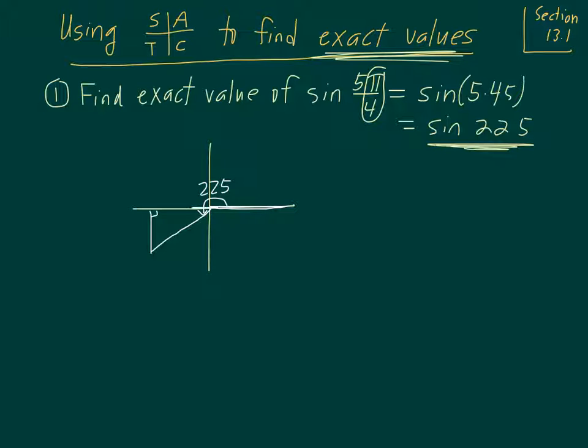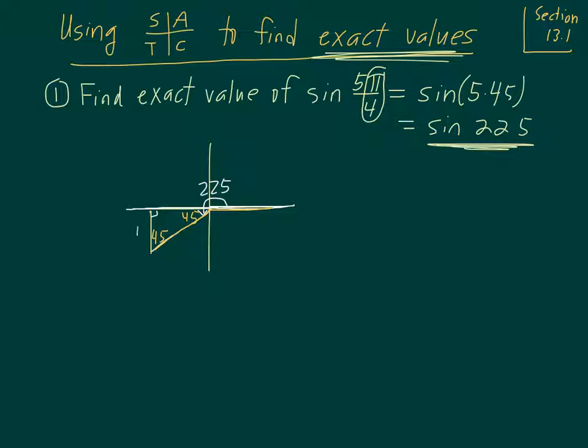Straight across would be 180 degrees, so that means I would have 45 left over. Well, what we do is we create for ourselves a 45, 45, 90 special right triangle. So this is the actual angle, and then we just draw this additional vertical line here to the x-axis to make ourselves a right triangle.